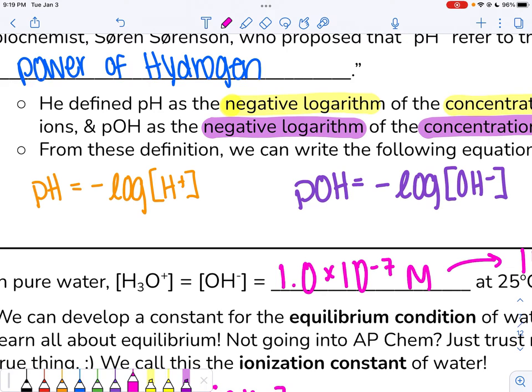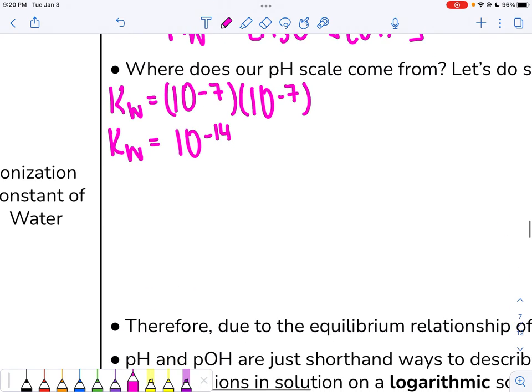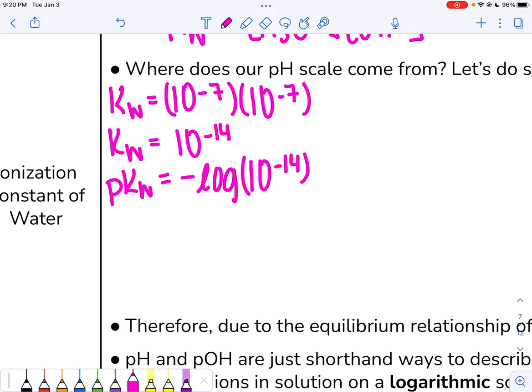So let's think about how we defined pH and pOH up here. We said if we wanted to find these things, we would take the negative logarithm of the concentration of whatever we're trying to find. For pH, we took the negative logarithm of the concentration of hydrogen ions. What if I wanted to find pKw? That's totally fine. All I have to do is say pKw must be equal to the negative logarithm of 10 to the negative 14th.